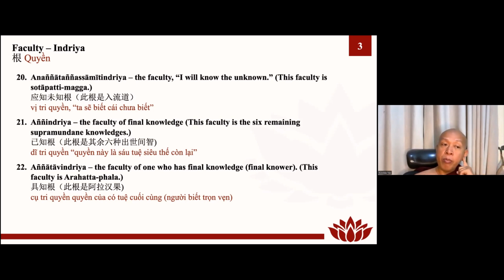When hearing, translucency becomes the predominant factor. When smelling, the nose translucency becomes the predominant factor. When tasting, translucency will be the predominant factor. When touching, body translucency will be the predominant factor. Similarly, when knowing, the mind faculty will be the predominant factor. So there are many different types of controlling faculties among the mentalities.